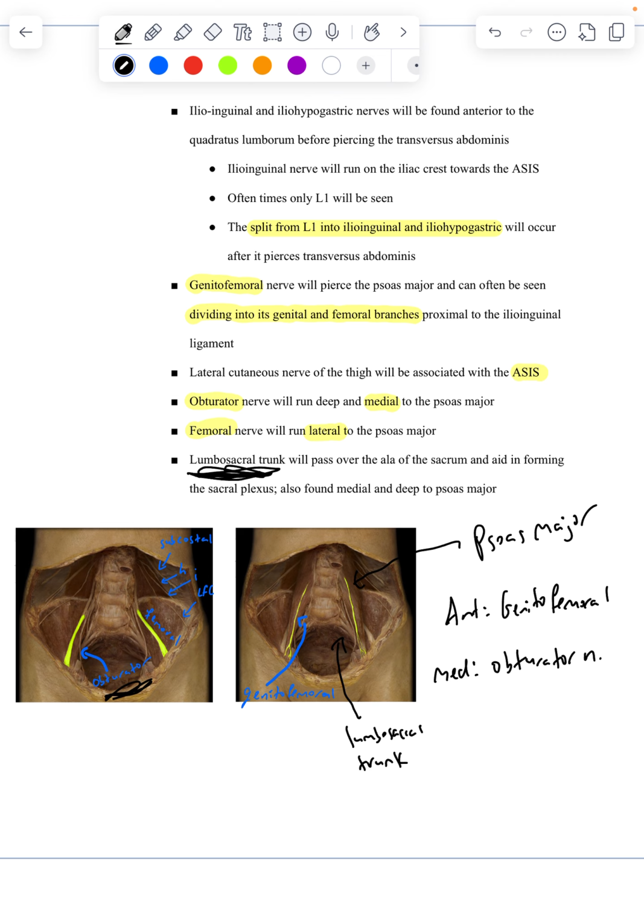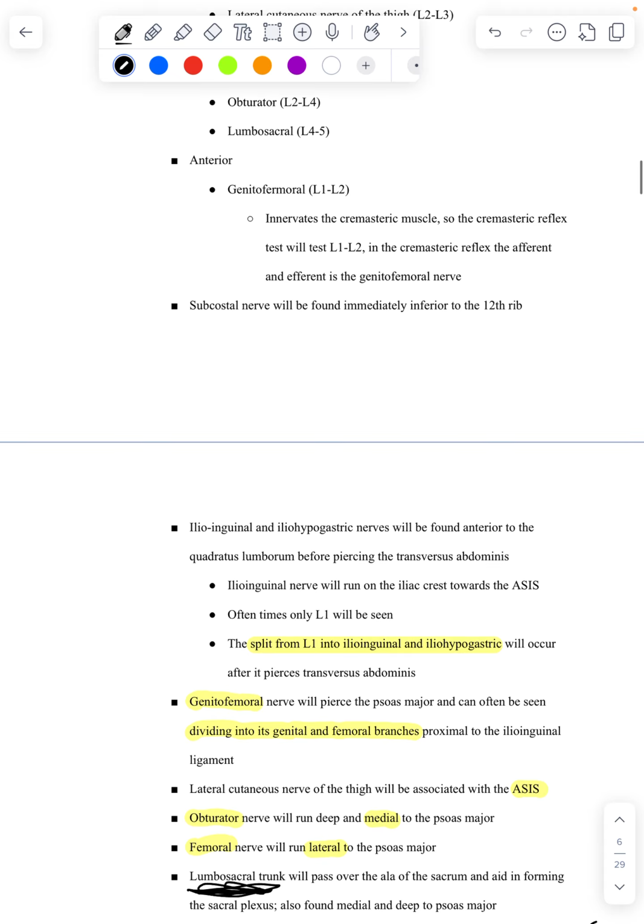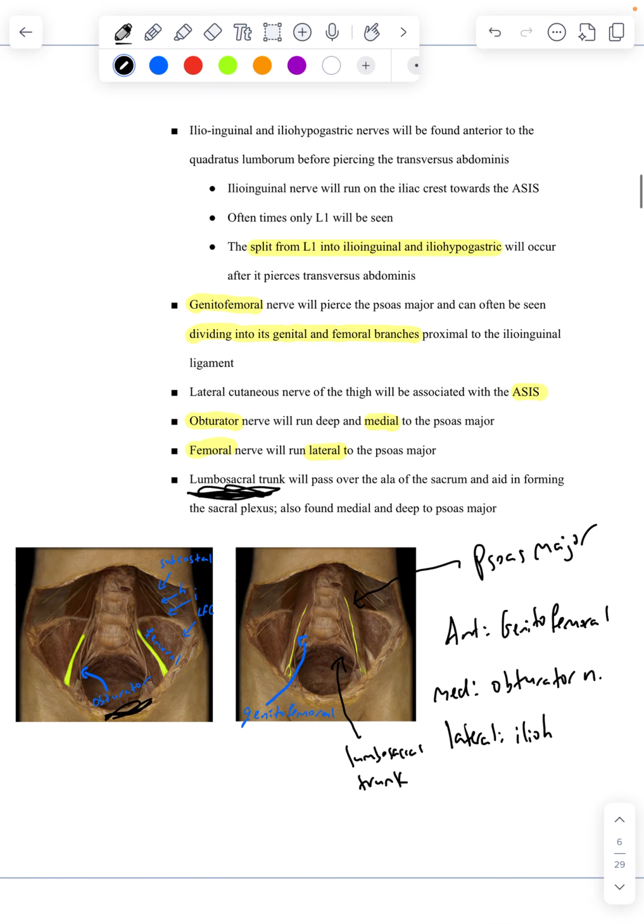Usually she'll be like medial to it is obturator, anterior is genitofemoral, and then lateral is where you have a bunch of them. So lateral, you have your iliohypogastric, ilioinguinal, lateral femoral cutaneous or LFC, and then femoral.